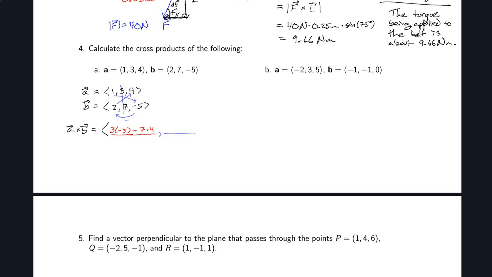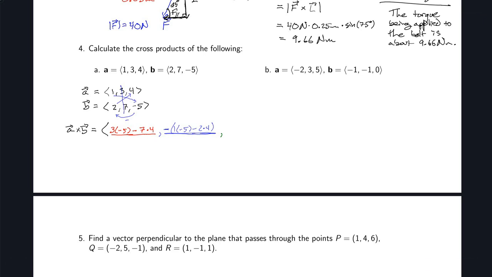For those familiar, this is a little determinant computation, the same as a 2 by 2 determinant. So this is 1 times negative 5 minus 2 times 4. But the middle term has an extra step: you need to negate your answer.